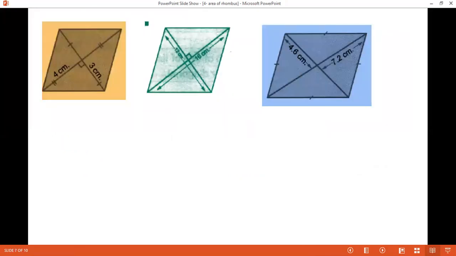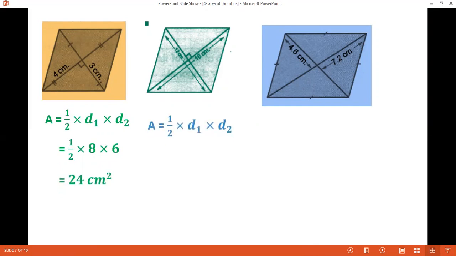Okay, let's complete this. I have here a rhombus with two different diagonals, half by D1 by D2, half by 8 by 6, 24 square centimeters. And here 16 by 12, half by D1 by D2.